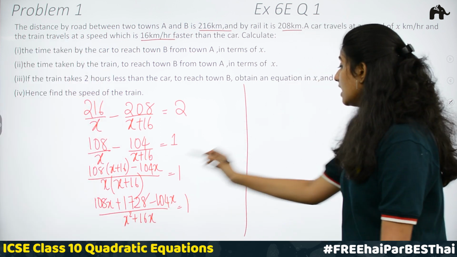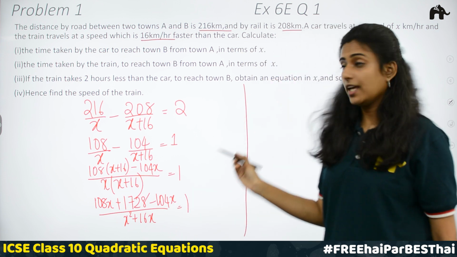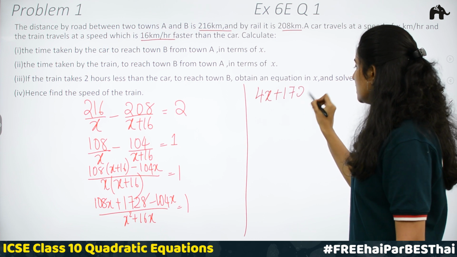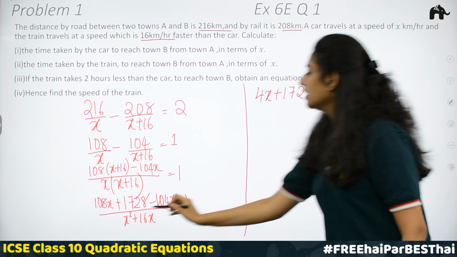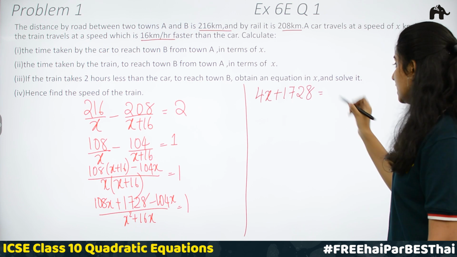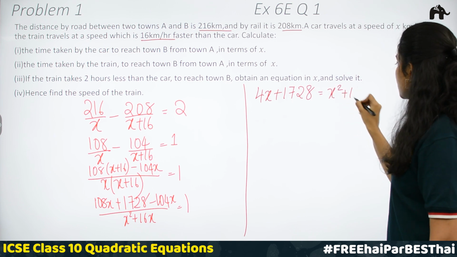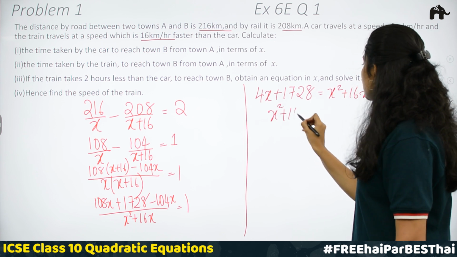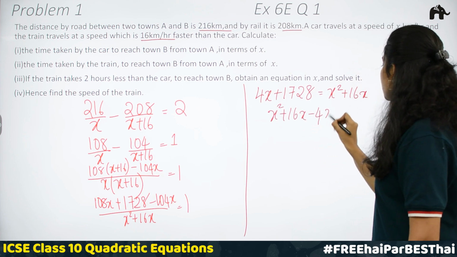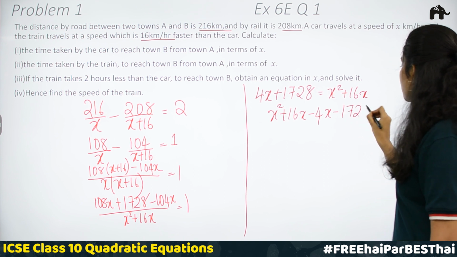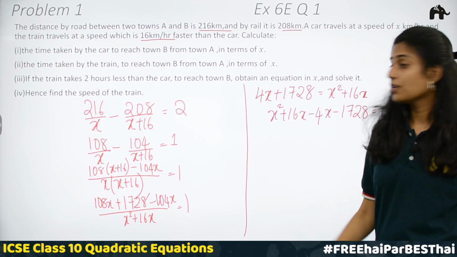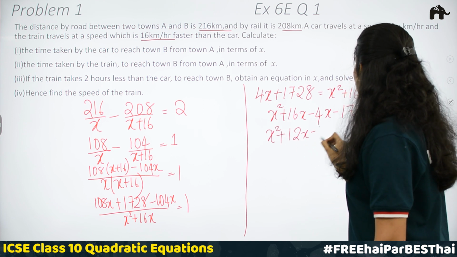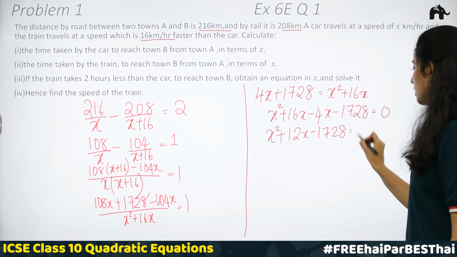That is 108x minus 104x, that is 4x plus 1728 is equal to, taking this to the RHS, x square plus 16x. On rearranging this, x square plus 16x minus 4x minus 1728 is equal to 0, or x square plus 12x minus 1728 is equal to 0.